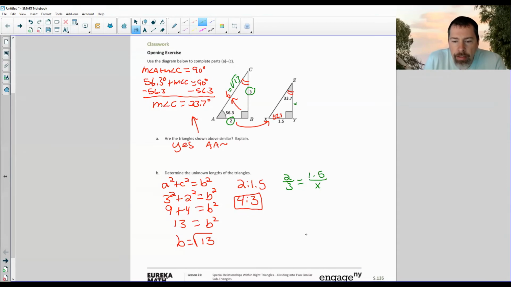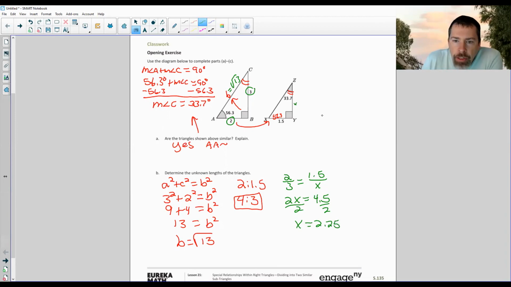So when I cross multiply, I get 2x equals 1.5 times 3, which is 4.5. Divide it by 2, and I get x equals 2.25.